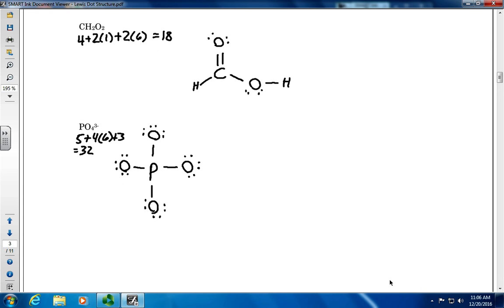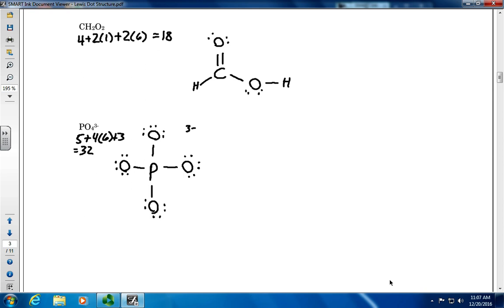So that's 32. You have the total number of electrons you need. You have the total number of bonds that would make this a happy ion. Of course, this has a -3 charge on it because it's a polyatomic anion.